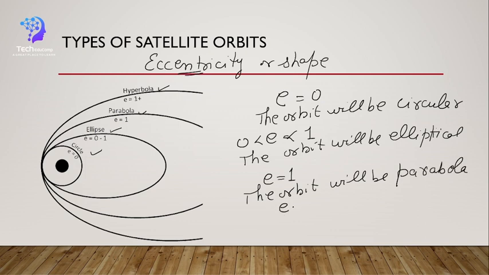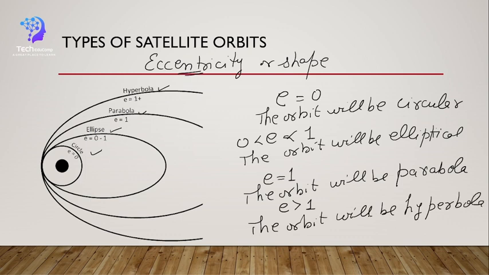And if it is greater than 1, then the orbit will be a hyperbola. Okay, so for elliptical orbit, we have one example, which is the Molniya orbit, with an eccentricity of 0.75.